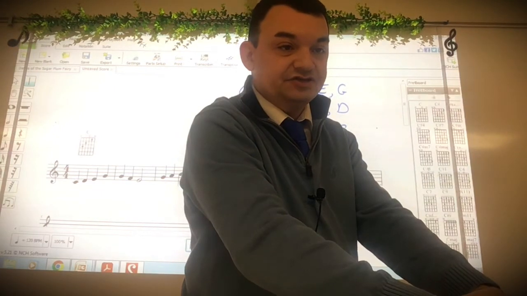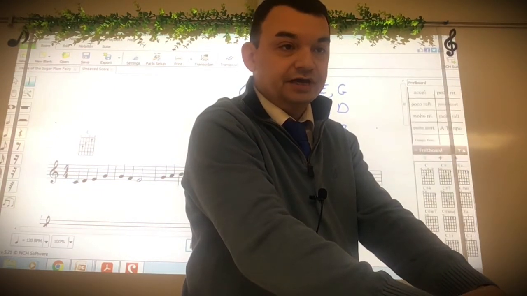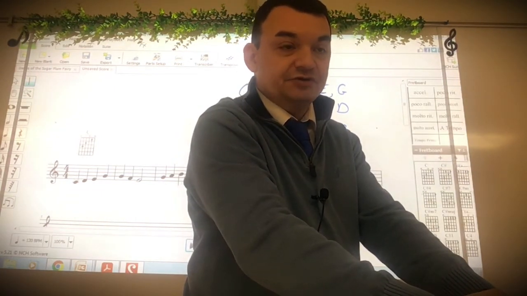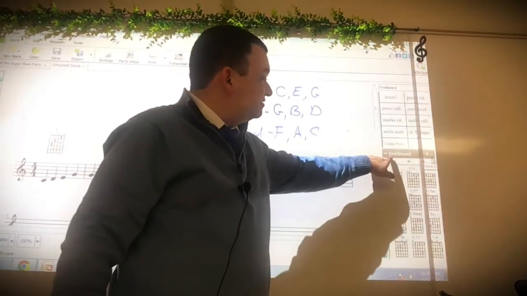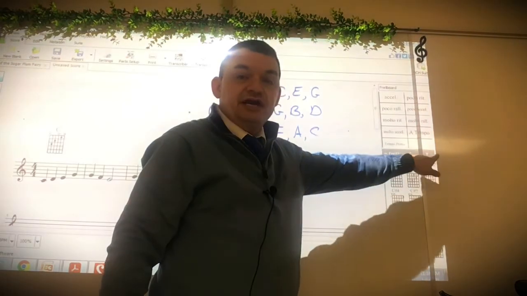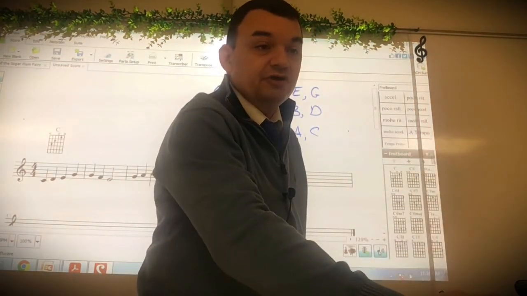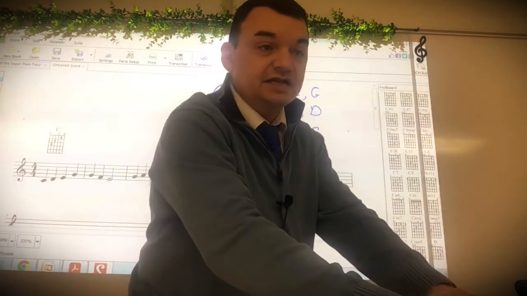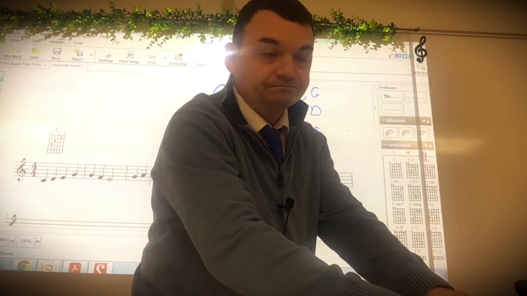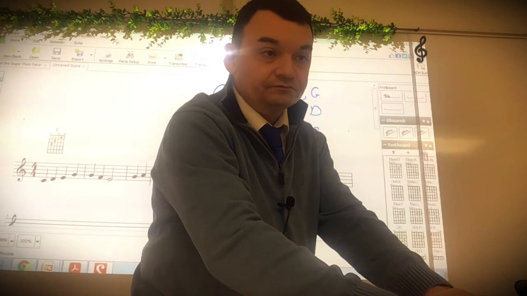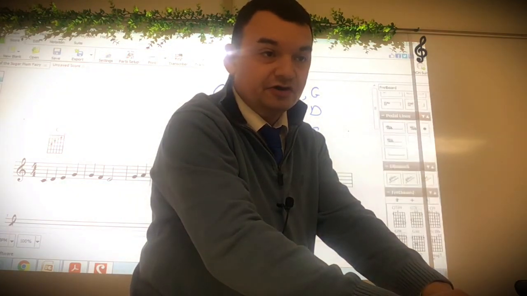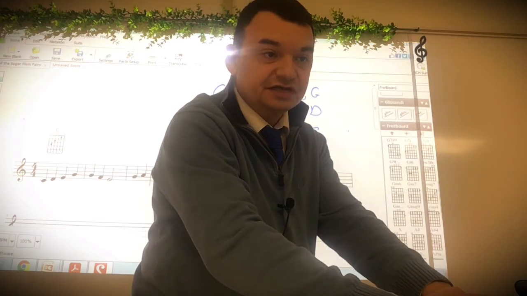Okay, so I can just, actually I'm going to go up. I arrow up. If you look right here where it says fretboard, there's an arrow down and an arrow up. I'm going to arrow up until I get to the chord that I'm looking for. Okay. And there we go. Here are our G's, looks like.